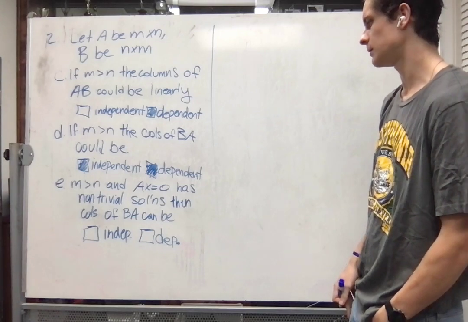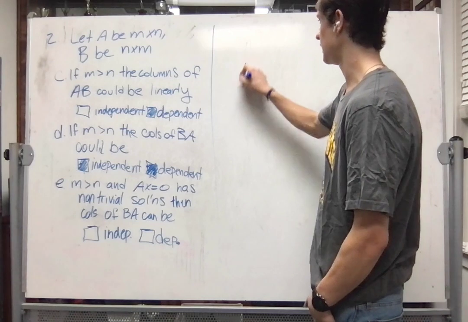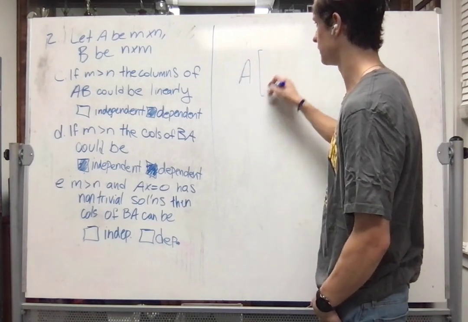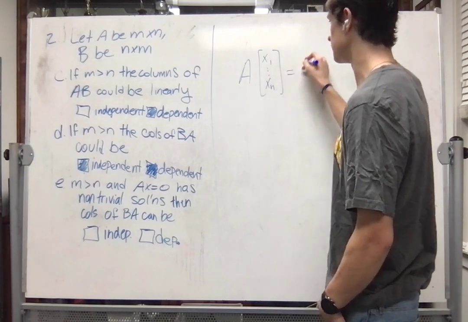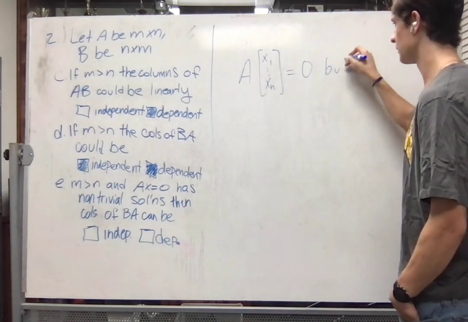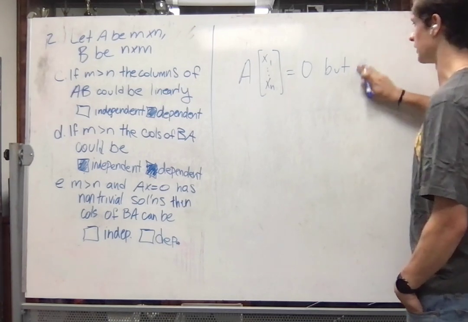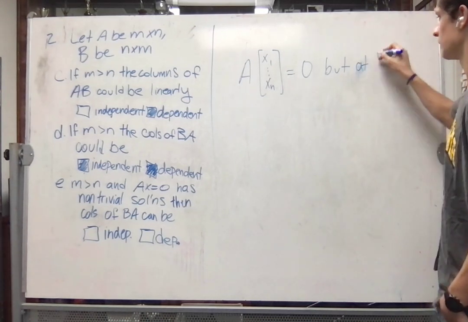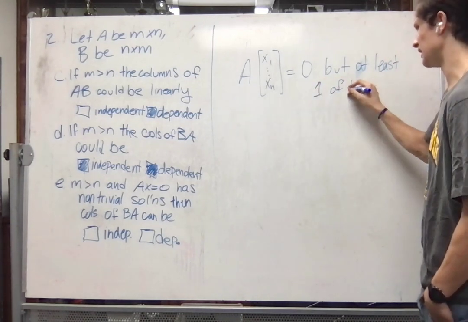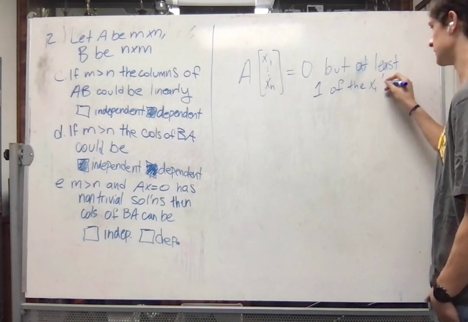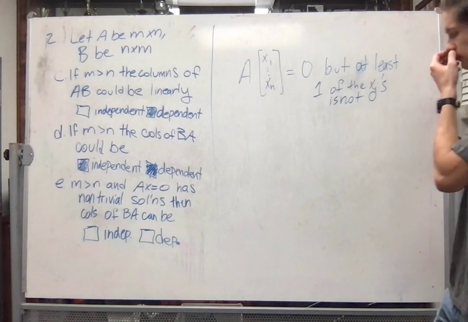If there's some non-trivial solution to Ax equals 0, that means that A times some vector x1 through xn equals 0, but at least one of the xi's is not 0.